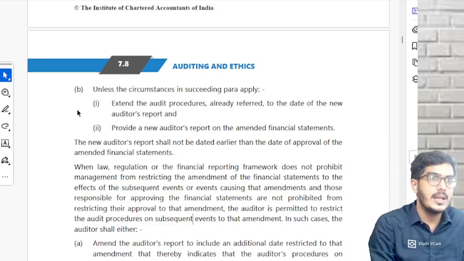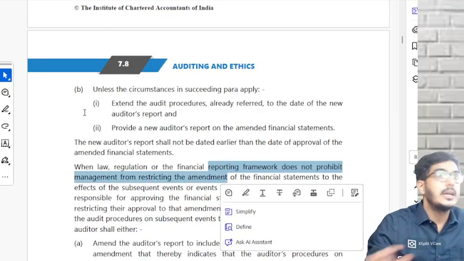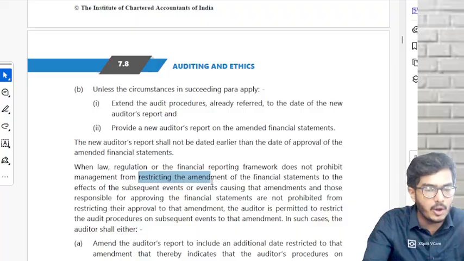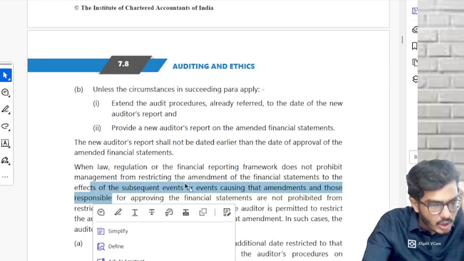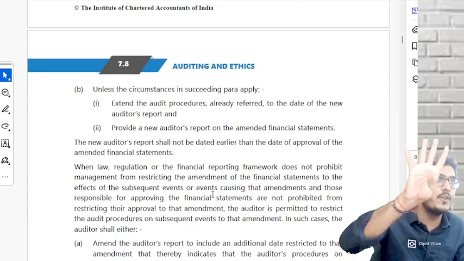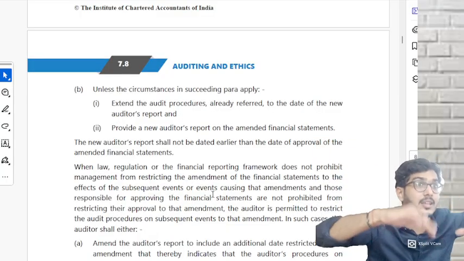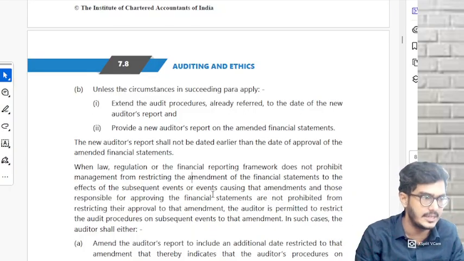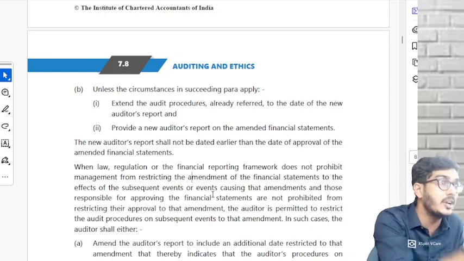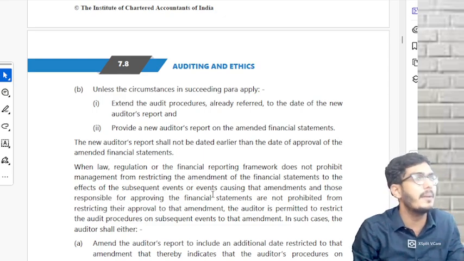Now, if the law, regulation, or the financial reporting framework does not prohibit the management from restricting the amendment of the FS to the effects of those subsequent events which are causing the amendment, for example, in that period, 4 facts came, but only one was the big fact because of which you were supposed to amend your FS. So they're telling that just that one fact-related subsequent event you amend in your FS. Those other 3 facts, no need to make any amendment in the FS.